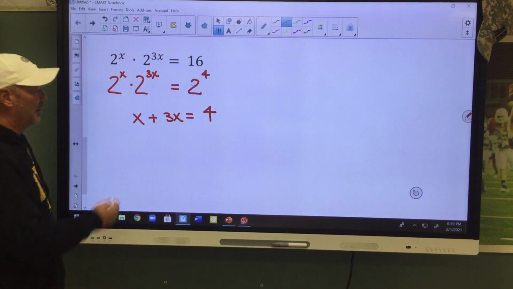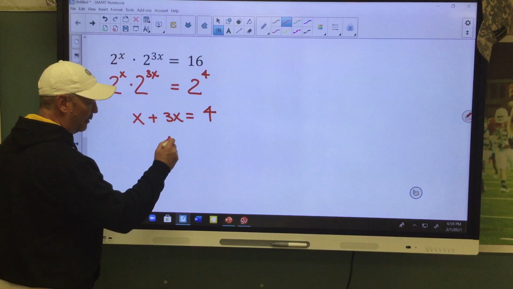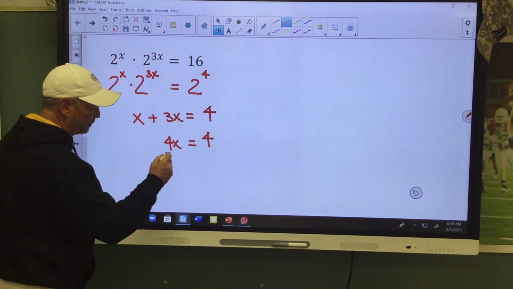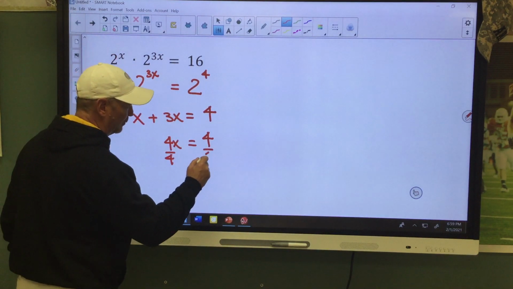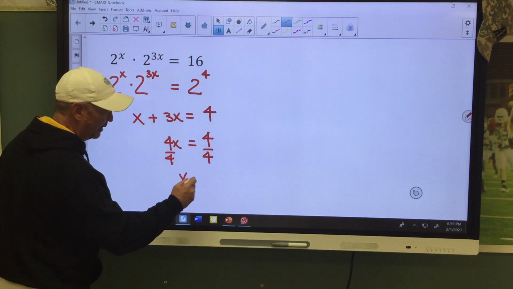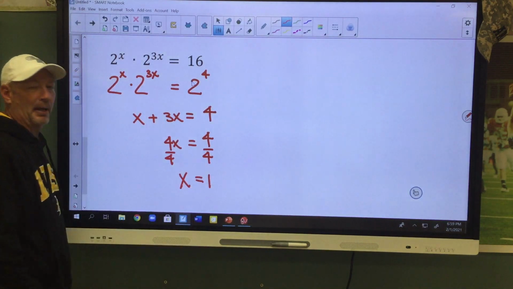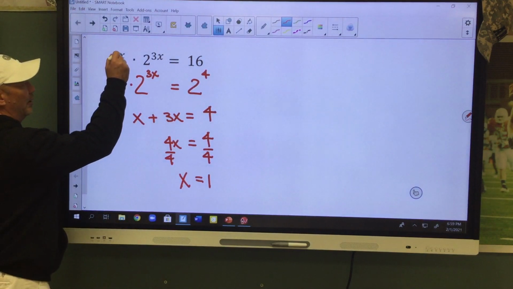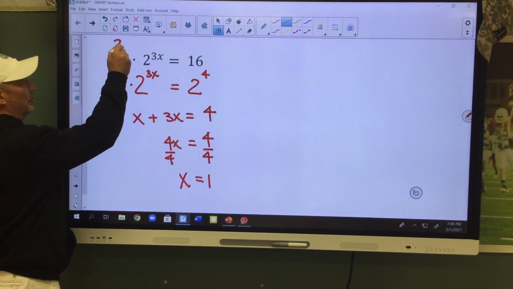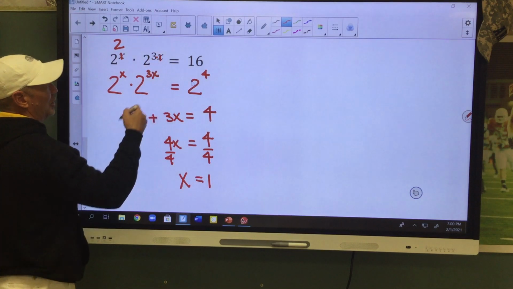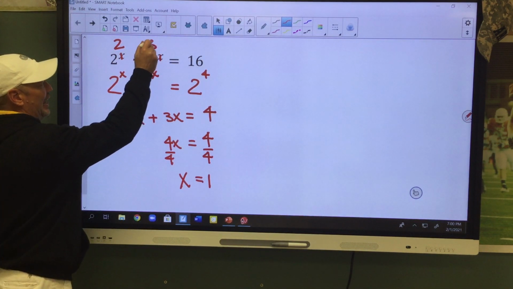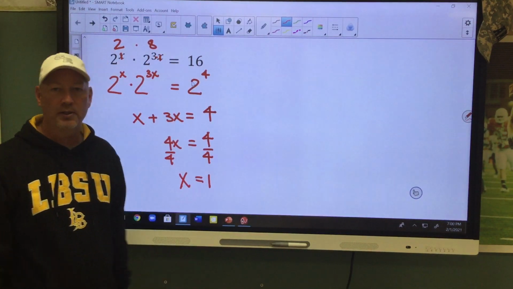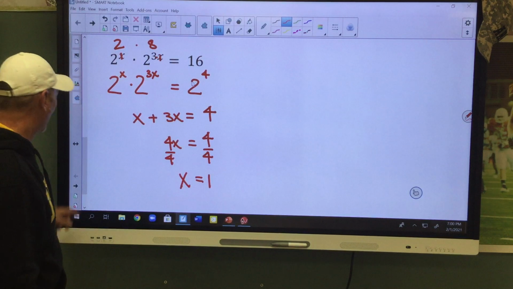X plus 3x, this is going to give you 4x equals 4. You divide by 4. And you're going to get x equals 1. Now, if you want to plug it back in to check it, you can check it. But 2 to the first power is 2. Times 1, 2 to the third power is 8. And 2 times 8 is 16. So my answer here would be 1. Yes, it checks. Okay? All right, let's go to another problem.